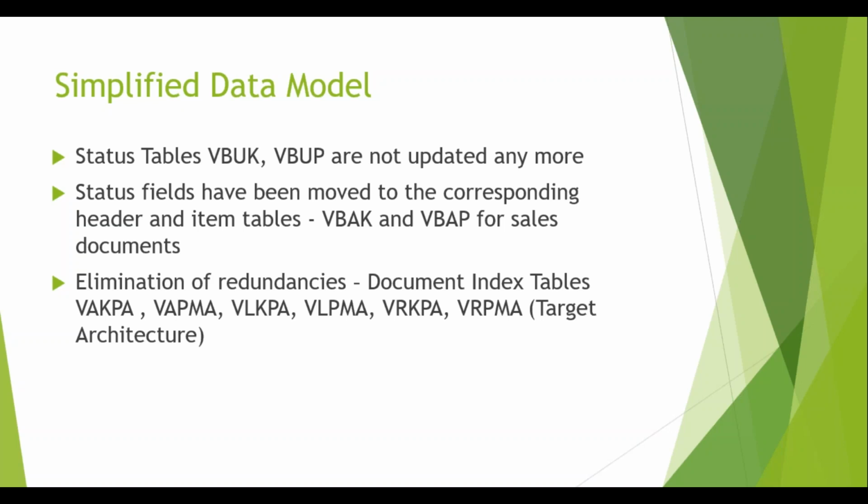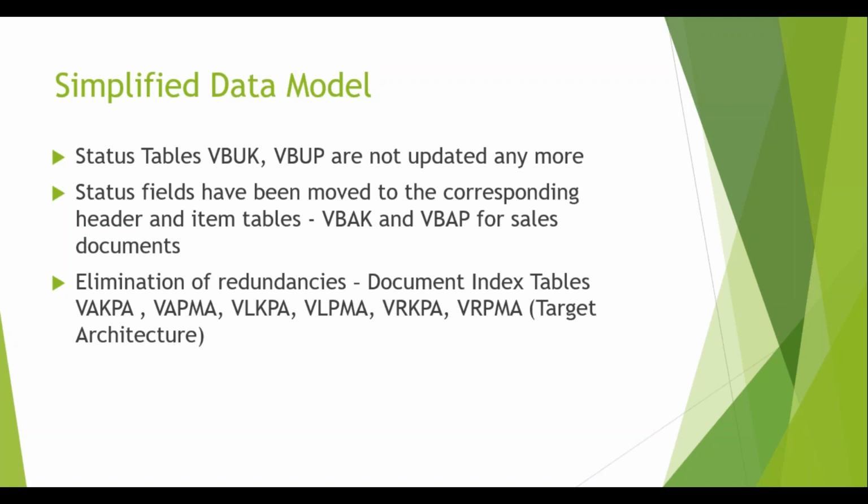VBUK is for sales order header status, and VBUP is for sales order line level status. Not only sales order, but any sales document, so it can be delivery, invoice, or billing. Now the question is, why do we need a separate status table when we already have a table for sales order, a table for delivery, and a table for billing?